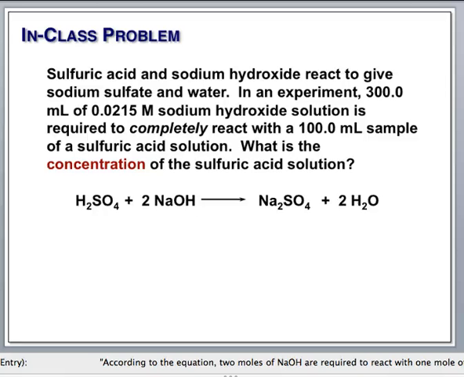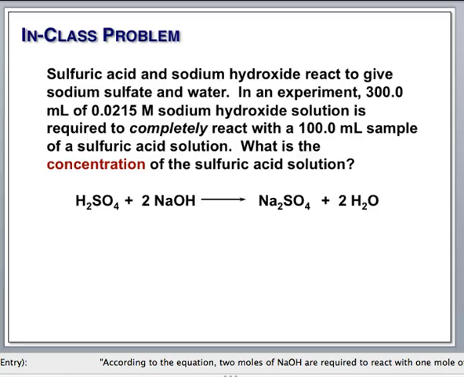Sodium hydroxide is a strong base. When you combine them together, you get a salt, in this case sodium sulfate, and water. That's something worth remembering. An acid plus a base gives a salt and water. We start off with strong acid, strong base, and we wind up with a neutral solution.